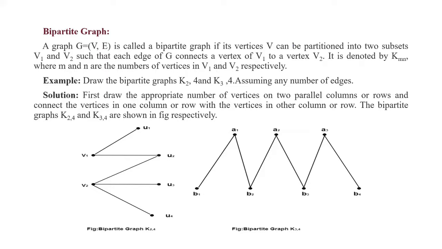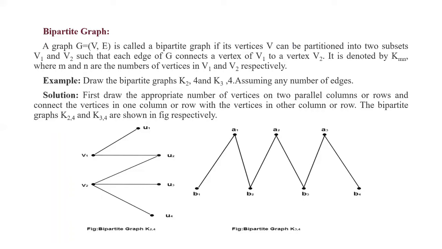So in a bipartite graph, the vertices are partitioned into two subsets, V1 and V2. Remember that the vertices present in V1 are not connected to each other, and the vertices present in V2 are also not connected to each other.